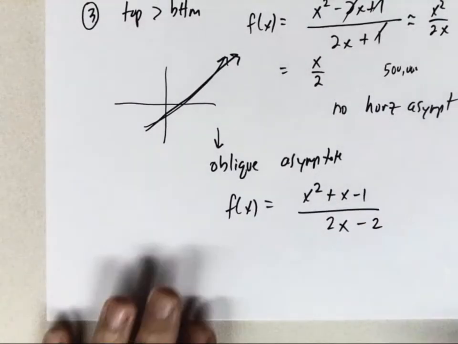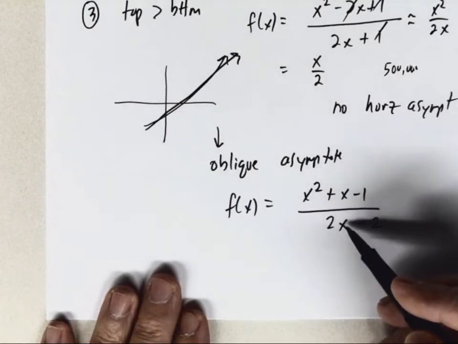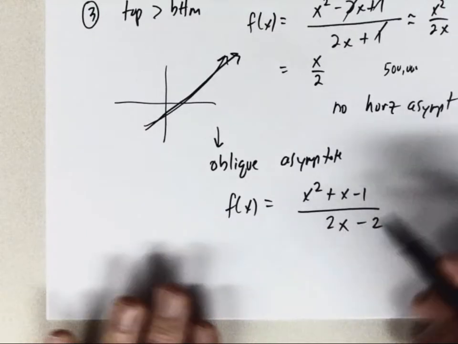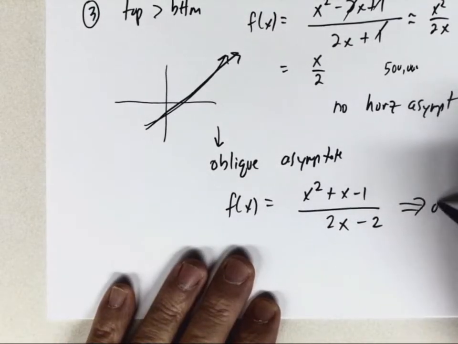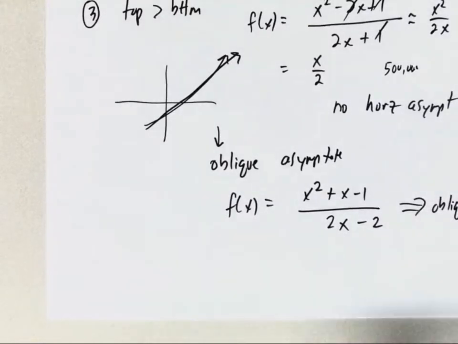But because my leading term is x squared here and my leading term is x here, the top is just one larger than the bottom. In this case, I end up having something called the oblique asymptote.